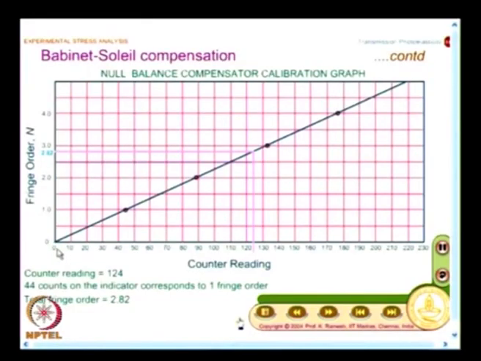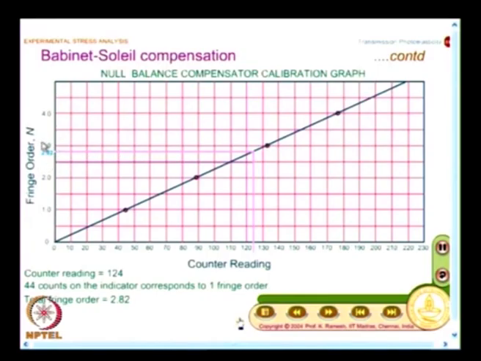You make a sketch of this graph, that is you do not have to put all these fine values, you just show the shape of this, a linear variation, and you have fringe order 1, 2, 3, 4, and if I know the counter reading, it is possible for me to find out from this graph what is the fringe order.